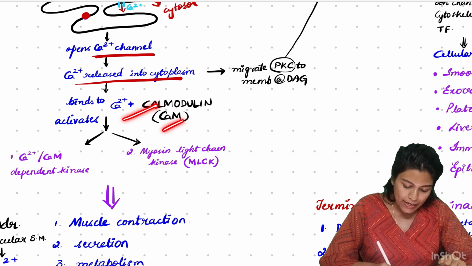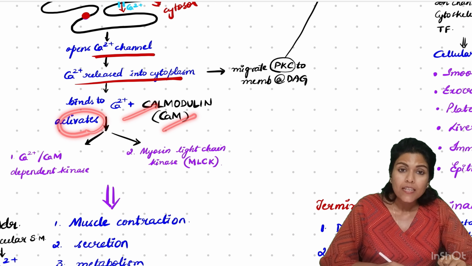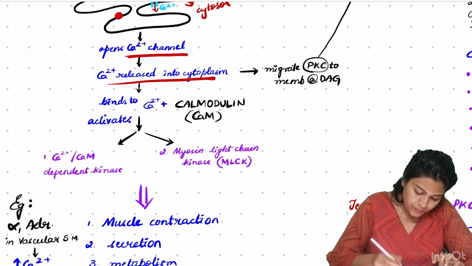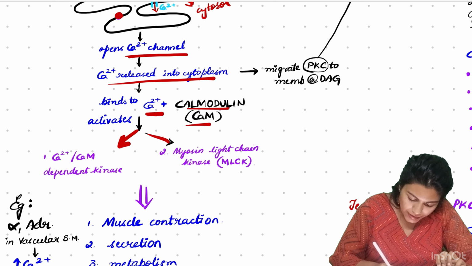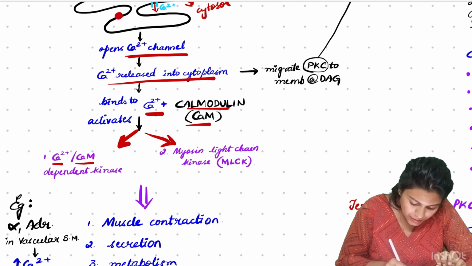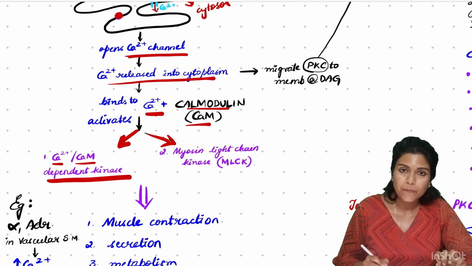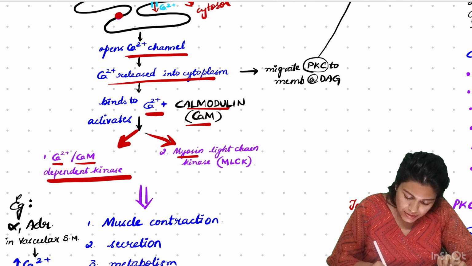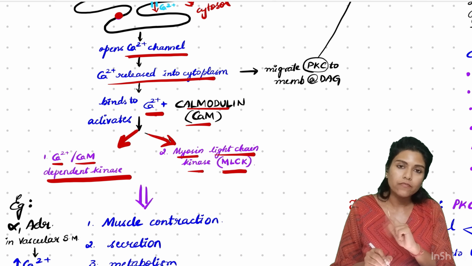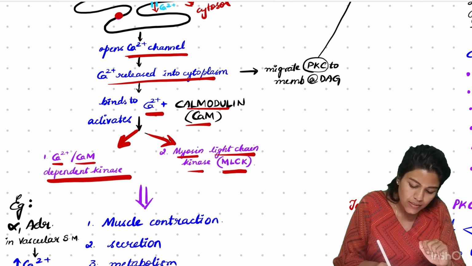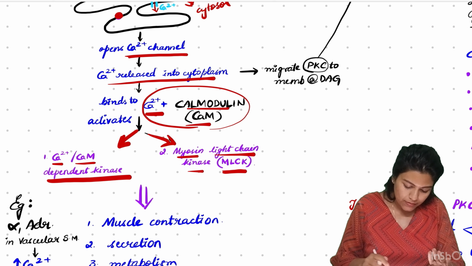And this calcium and calmodulin will activate certain other kinases, like calcium calmodulin dependent kinase and, secondly, myosin light chain kinase, MLCK. So two types of kinases are activated by this calcium calmodulin complex.